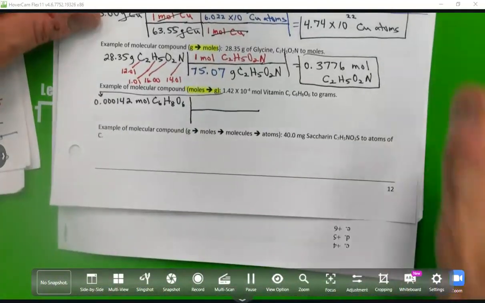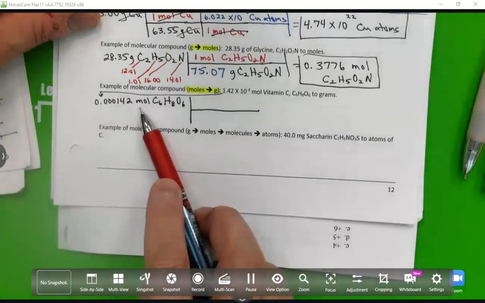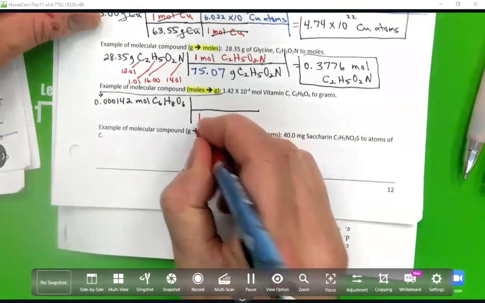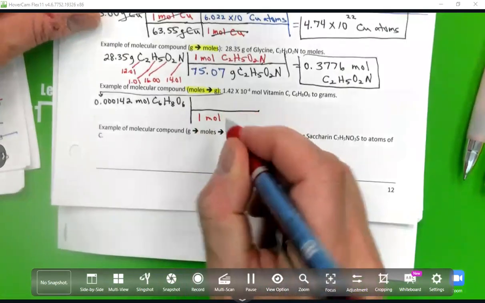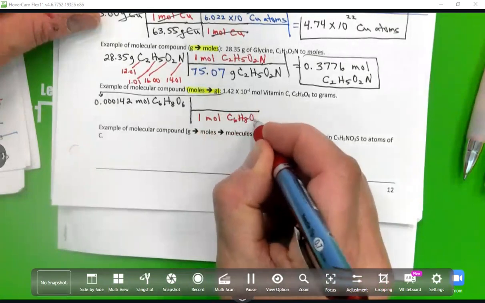And I'm going to grams. I'm starting out with moles. So I have to put 1 mole down here of C6H8O6.